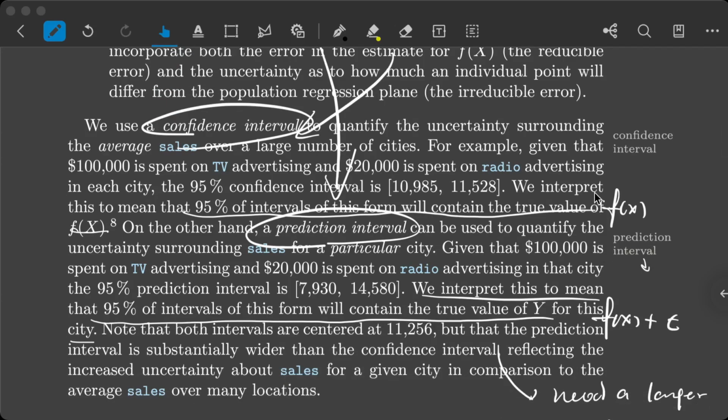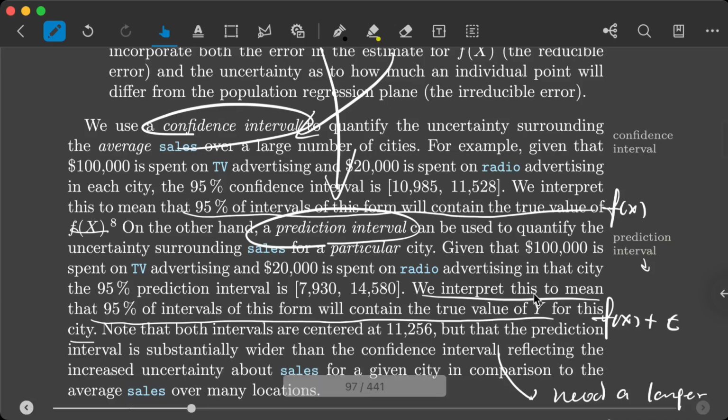In summary, the confidence interval answers what the range of the true f(x) is, given your prediction at some point. The point must be in the middle of these two numbers.